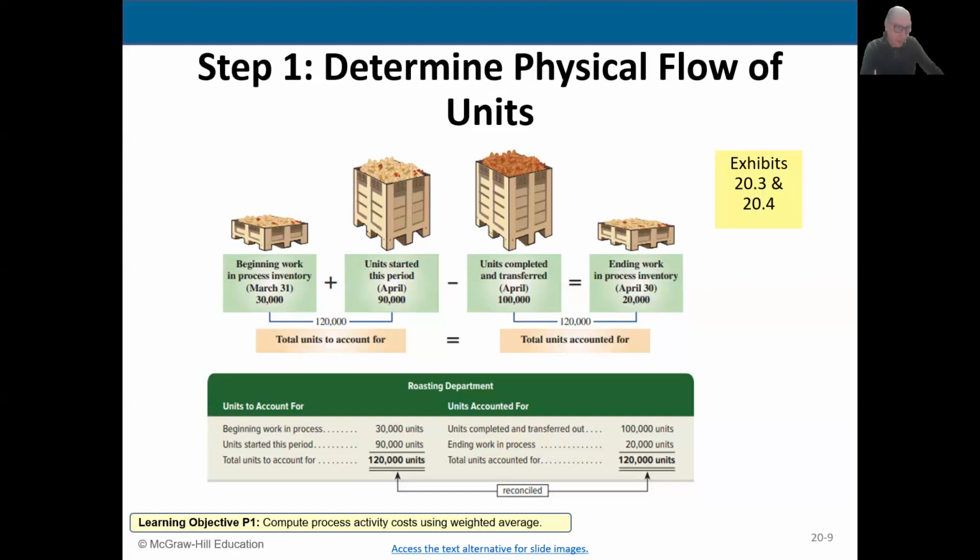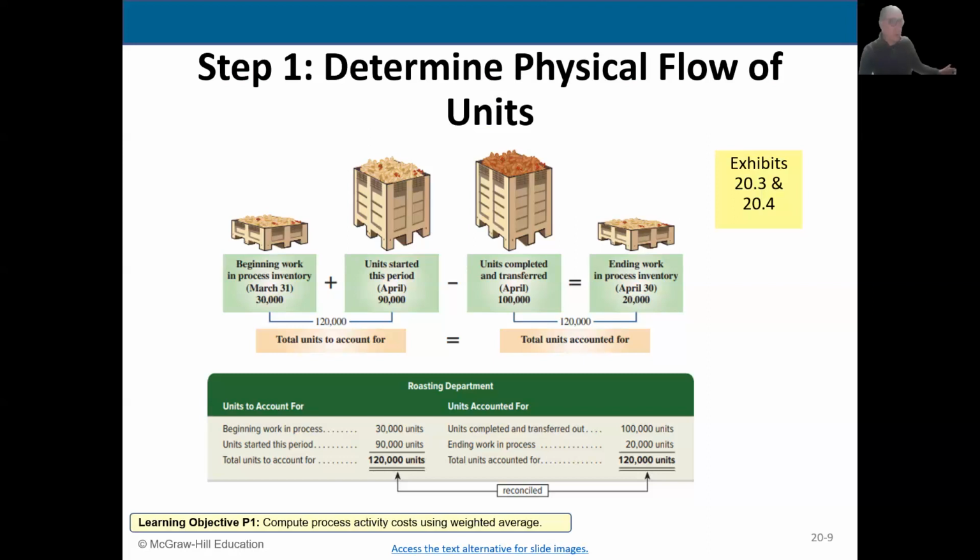In this example, we have production data in units at its first process, which is the roasting department. On the left side, you'll notice that we compute the 120,000 total units based on a beginning work in process inventory balance of 30,000, and we add that 30,000 to the units started during the accounting period of 90,000.